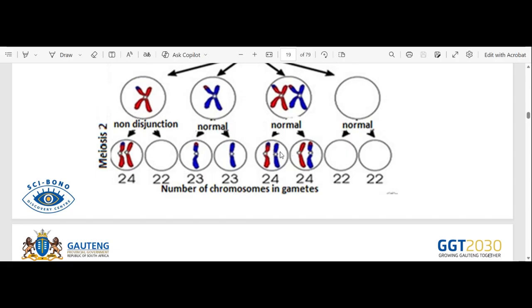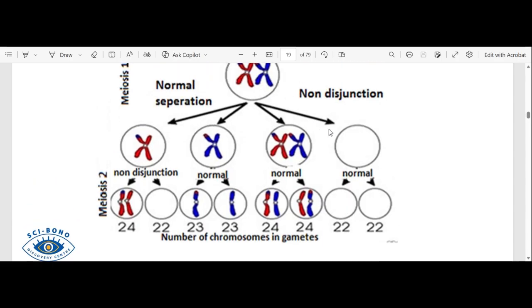So you end up with 24, 24. Here you just have 22, 22 because you did not receive any copy of a chromosome during meiosis 1. Does that make sense? I know it's kind of confusing, but the more you practice it and learn it, it will start to make sense.